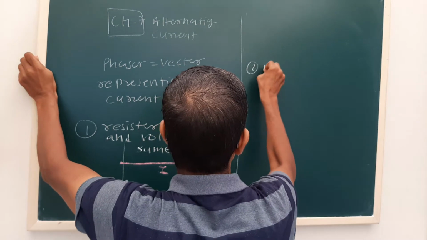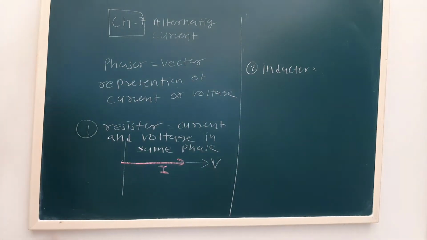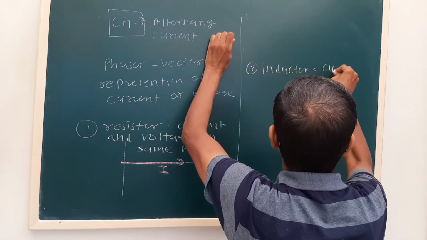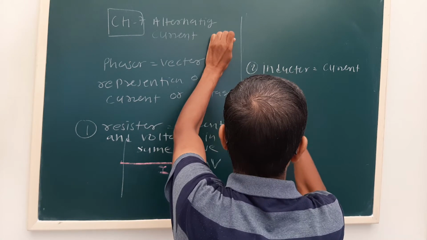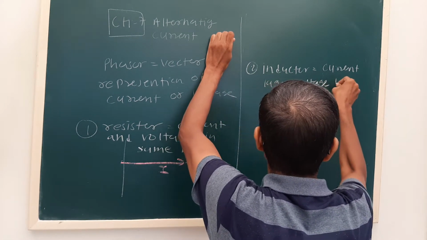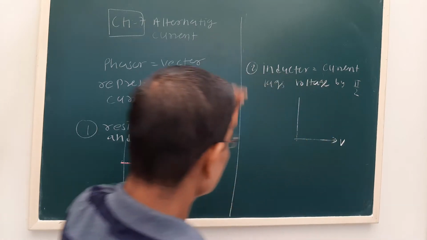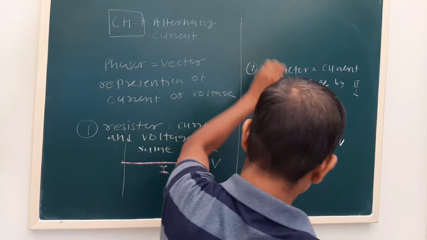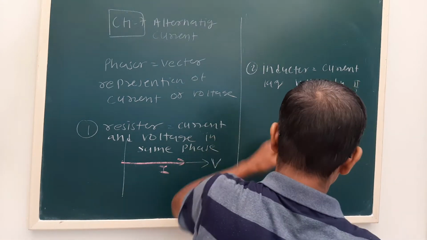Now in inductor, current lags voltage by pi by 2. Now this is a voltage phasor.